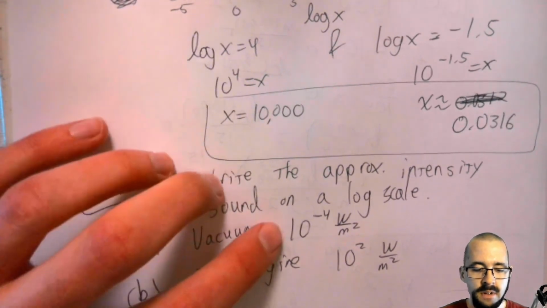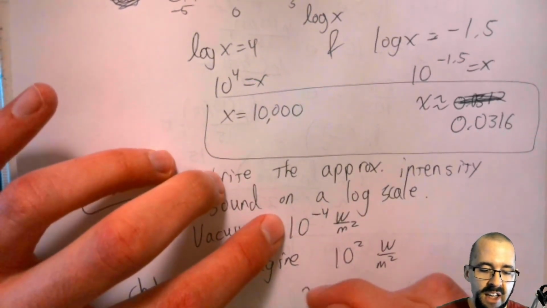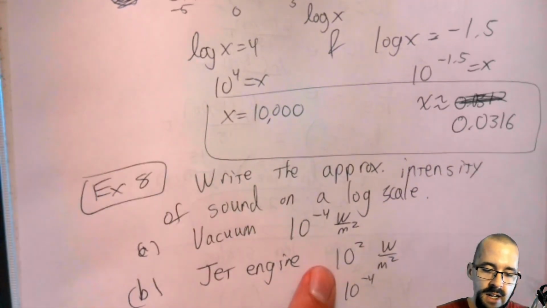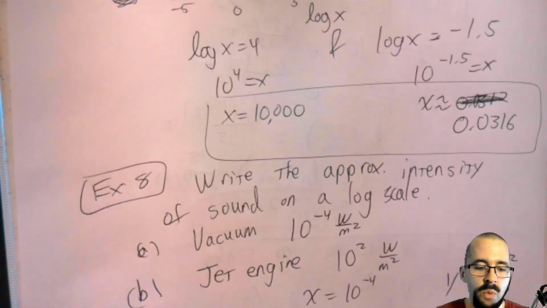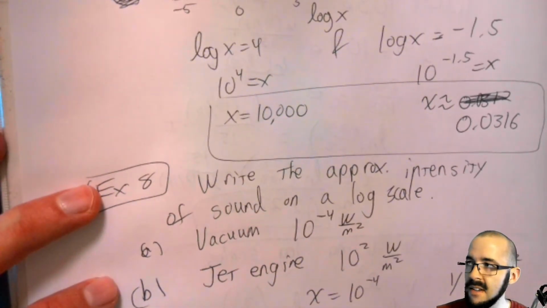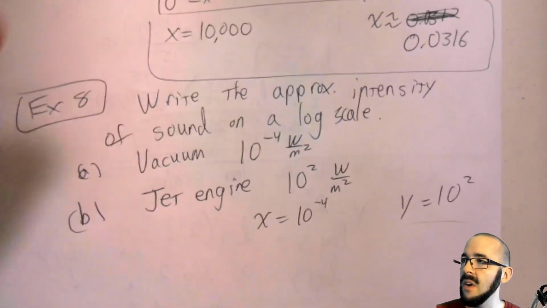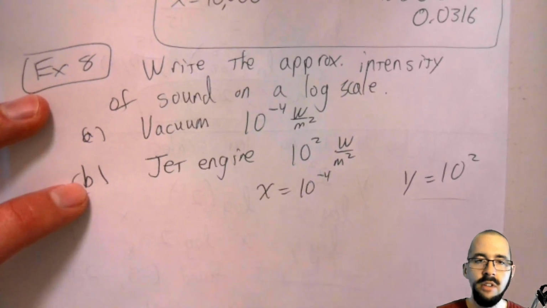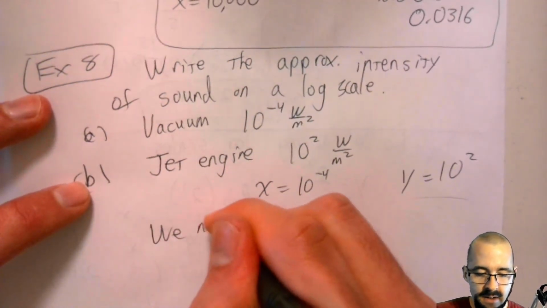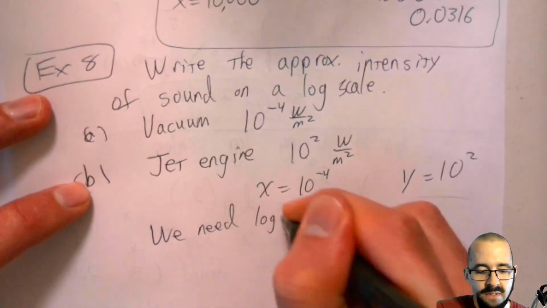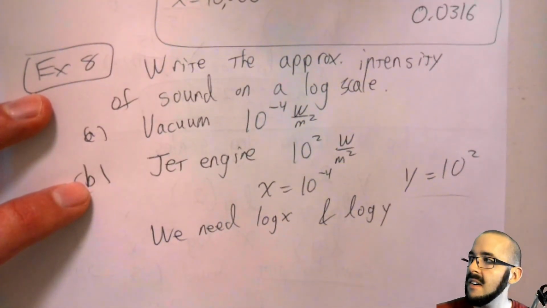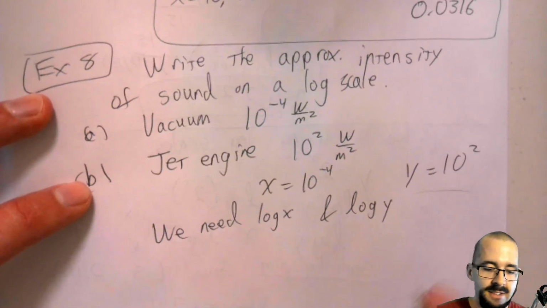So, right, if x is equal to 10 to the negative 4th, and if our other point is 10 squared, we want to know, if we're plotting it on a log scale, we need the log of x and the log of y. We just take the log of both sides.